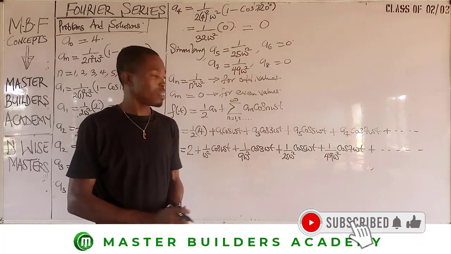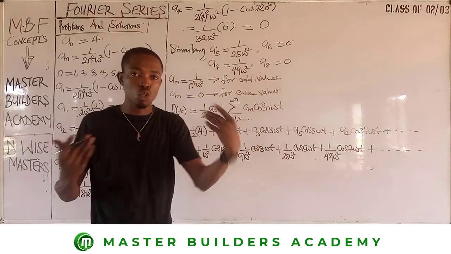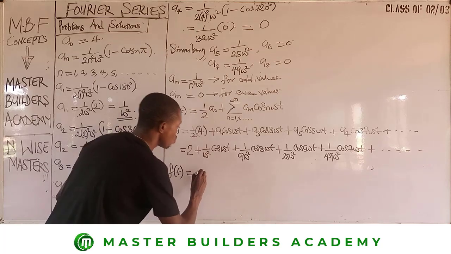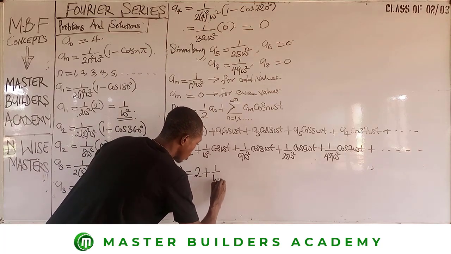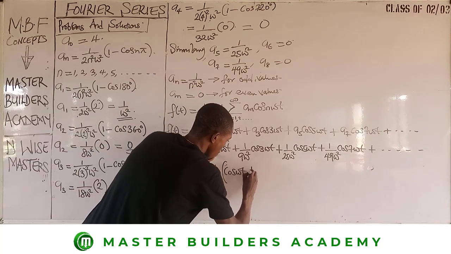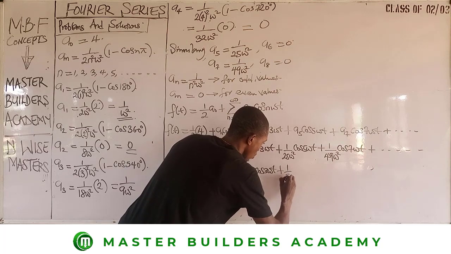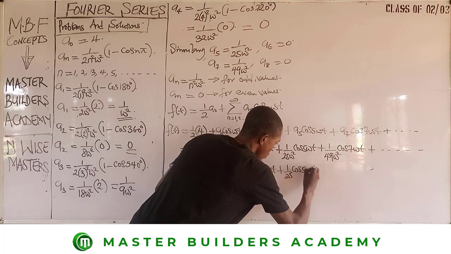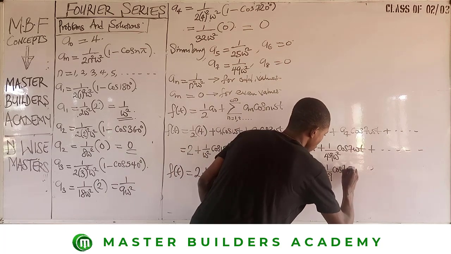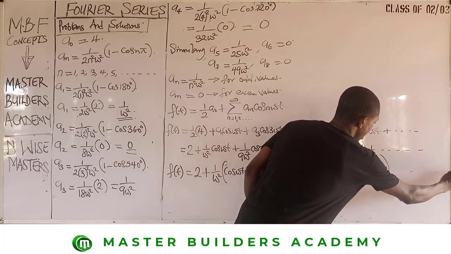You can decide to factorize. What is common from here downward, we find out that 1 over omega squared is common, so we can factorize and then have finally that f of t is equal to 2 plus 1 over omega squared, open bracket: cos omega t plus 1 over 9 cos 3 omega t plus 1 over 25 cos 5 omega t plus 1 over 49 cos 7 omega t, then plus that, just like that.